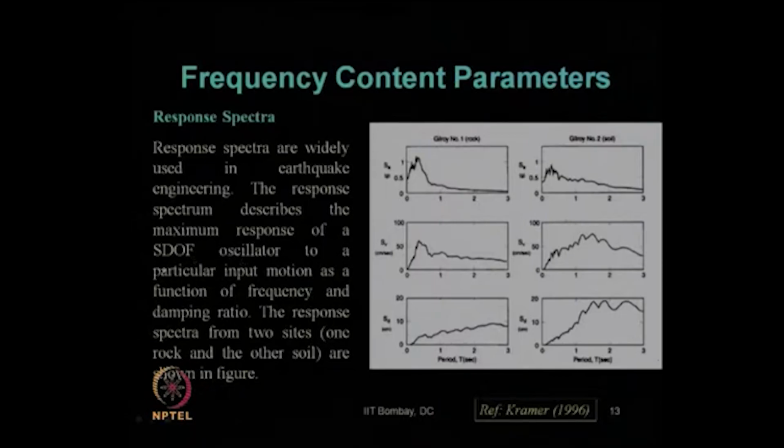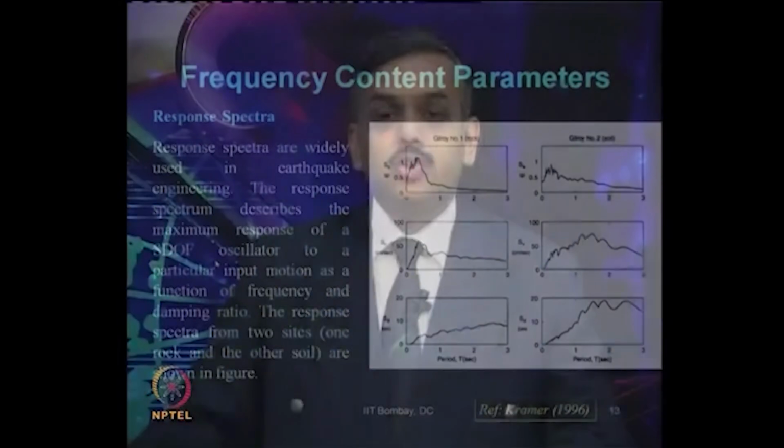So, we have to use the single degree of freedom system for a particular input motion. Whatever earthquake input motion you have, you apply that input motion to an idealized single degree of freedom mass spring dashpot system, or MSD model, which we have learned in our another video course on soil dynamics.